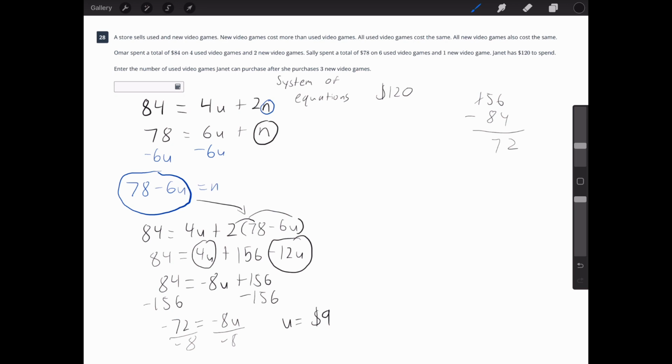Right? Now that we have one variable, we can go in and plug it back into an equation that we already have. And I'm going to use the $78 equation. And I'm going to plug in 9 for u. Right?